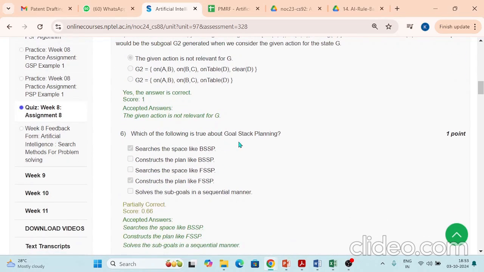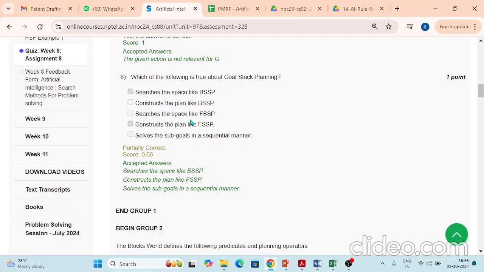Which of the following is true about goal stack planning? Okay, this is a theory question. Goal stack planning solves the sub goals in a sequential manner. We need to consider this one also, that it constructs the plan in the forward manner, and normally it searches from the back side.